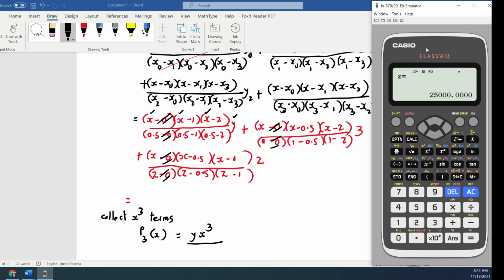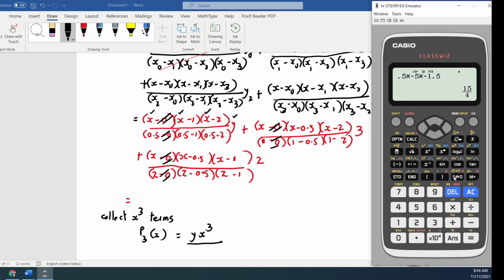Okay, your denominator you have 0.5. Okay, 0.5 minus 1 is negative 0.5, 0.5 minus 2 is negative 1.5.